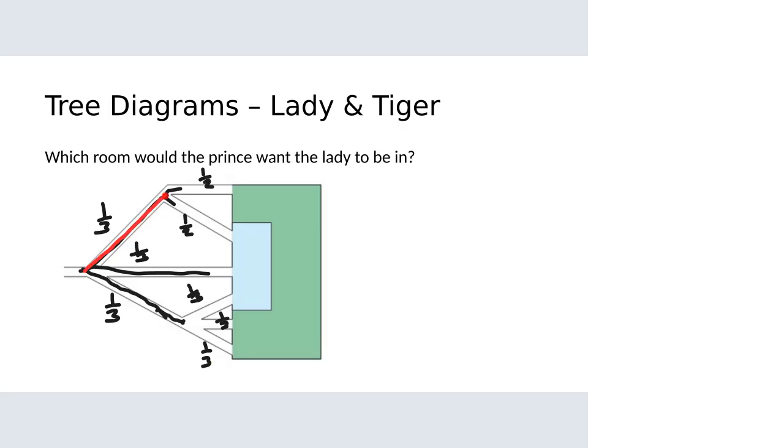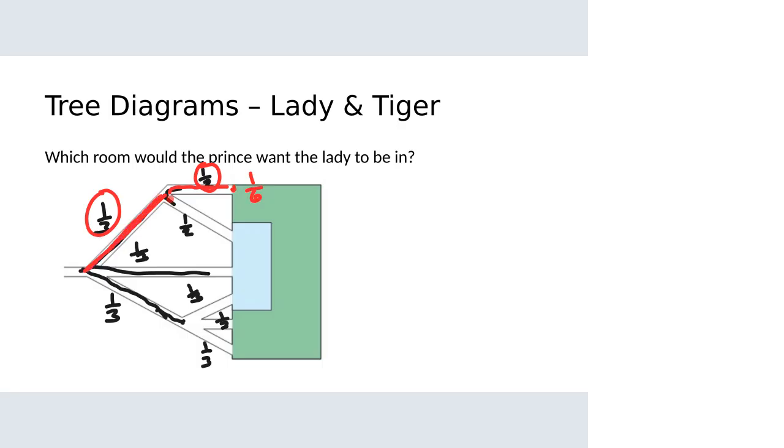So if he goes up here, that'll be 1/3 times 1/2. To come out of that little spot right there would be 1/3 times 1/2. So the probability it comes out that exit, multiply numerators, 1 times 1, multiply denominators, 3 times 2. That's 1/6 is the probability it comes out that exit, which would put him in the green room.